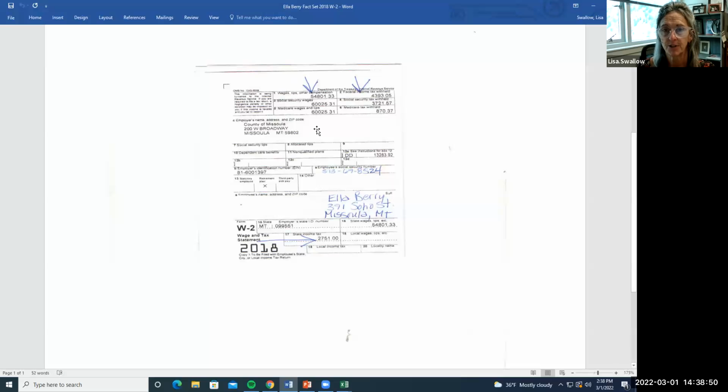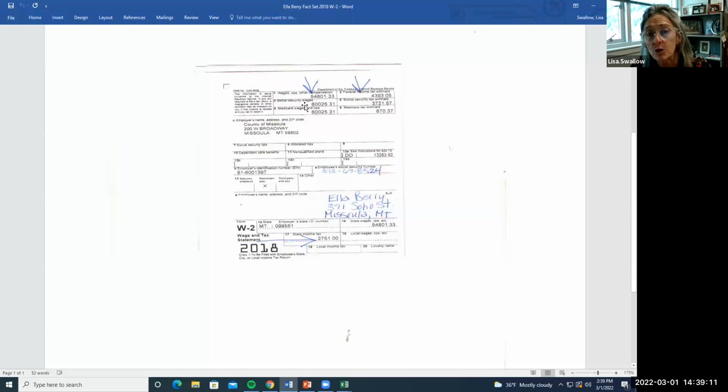Okay, so 54, and you don't use pennies in income tax returns. $54,801 is what her taxable, her gross income is for FIT. Gross income, not her TI, because we've still got to do the whole tax formula.